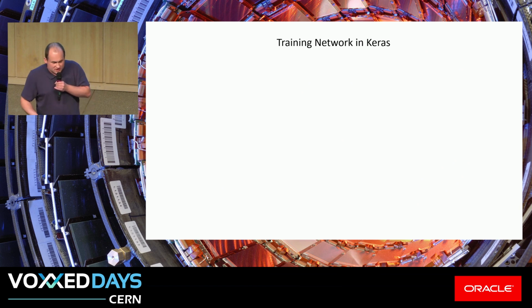Okay, so let's try to train our network. We will use Keras for that because it is actually the simplest library that can be used for deep learning. If you want to start with machine learning, it is the way to go. It is in fact a wrapper over TensorFlow and other frameworks, but the API is really nice and really easy to use.